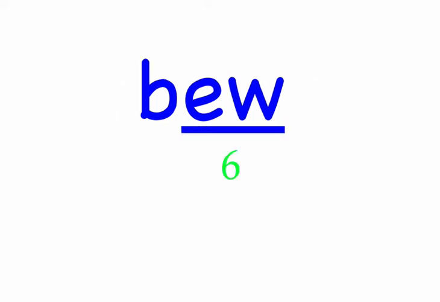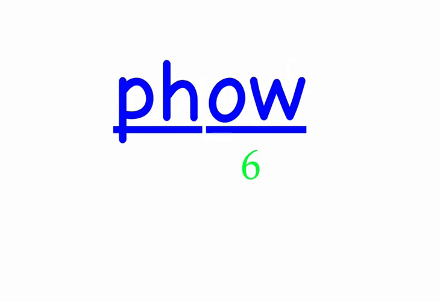Bew. Zoust. Foul. Here EW will represent its second sound, so mark it accordingly.